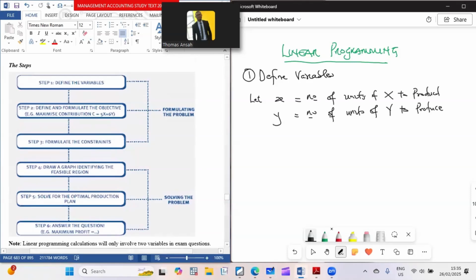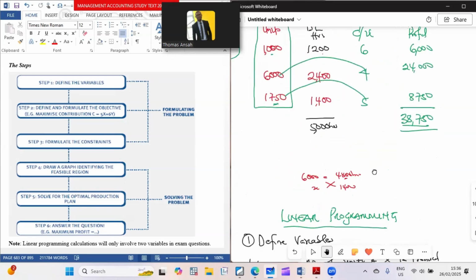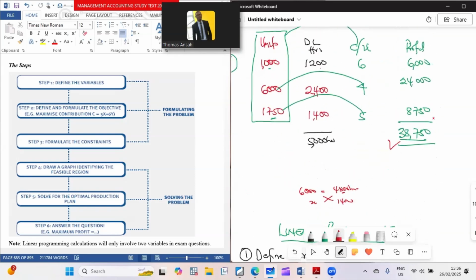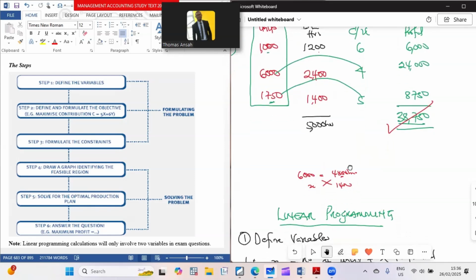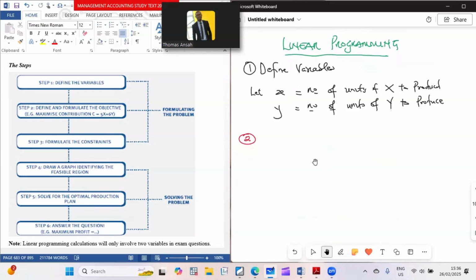Then step 2, let's set up our objective. Now, don't forget, your objective is always to maximize contribution. That is what we've been doing. So if you check planning with limiting factor, what we were trying to do is to see which one will best maximize contribution for us, or our profit. So you can say, maximize contribution.